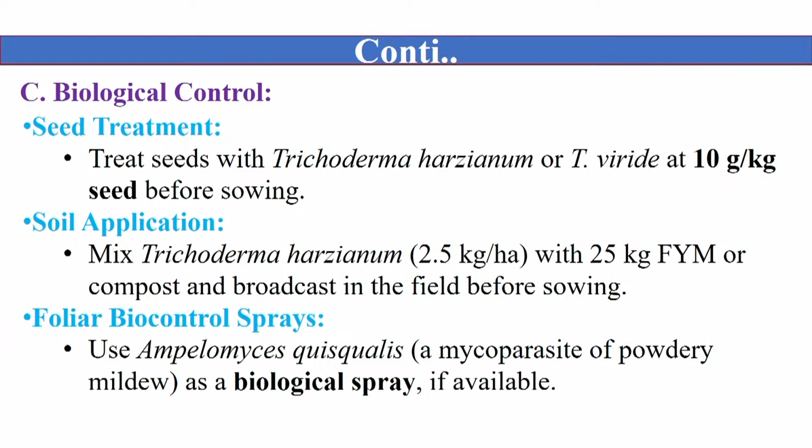You can also use a foliar spray for powdery mildew, and biological sprays are also available. And dear learners, we will take a small break and we will meet again.